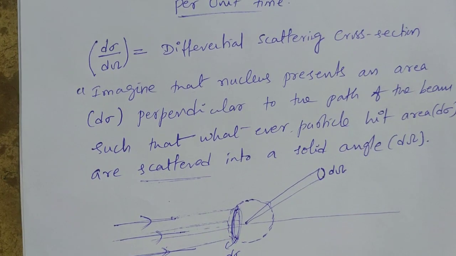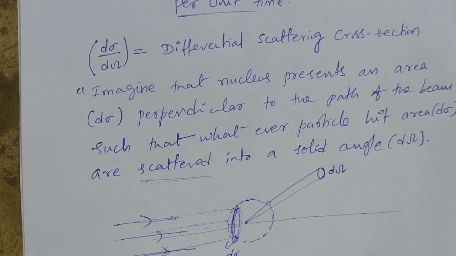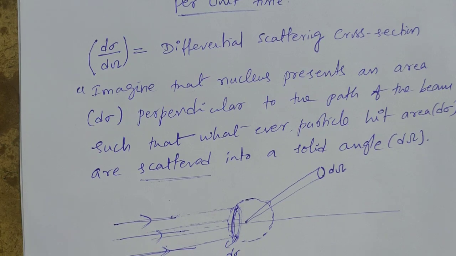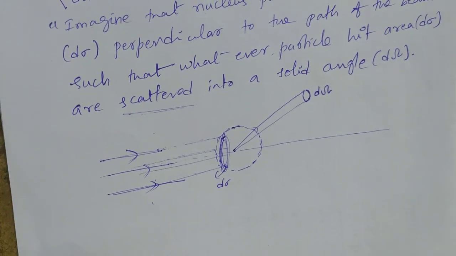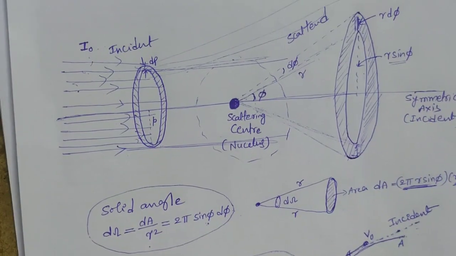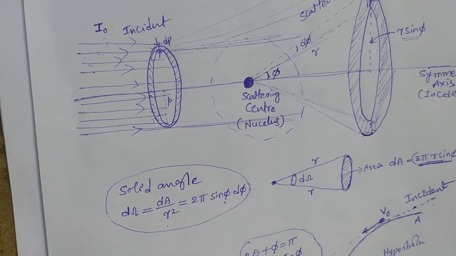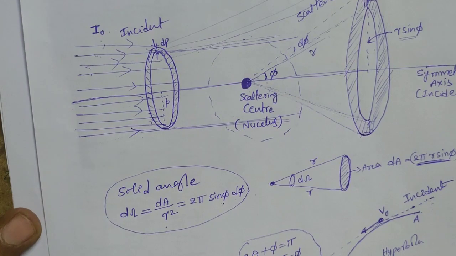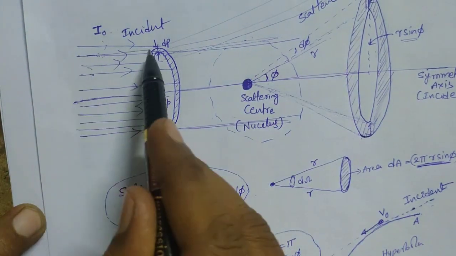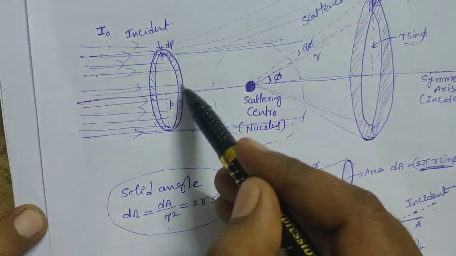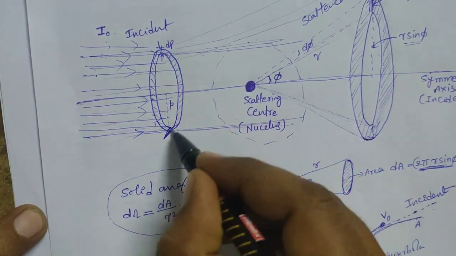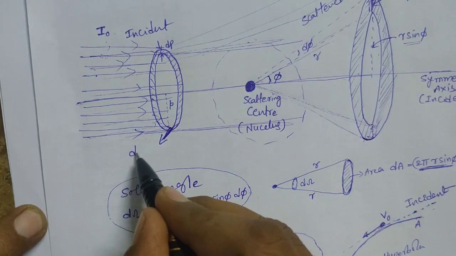Okay, done. Now we can see more about this differential scattering cross section. Let us see this diagram again. The number of particles crossing this area, what is this area? d sigma.